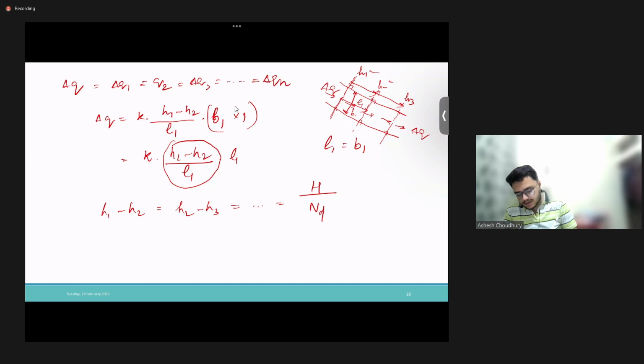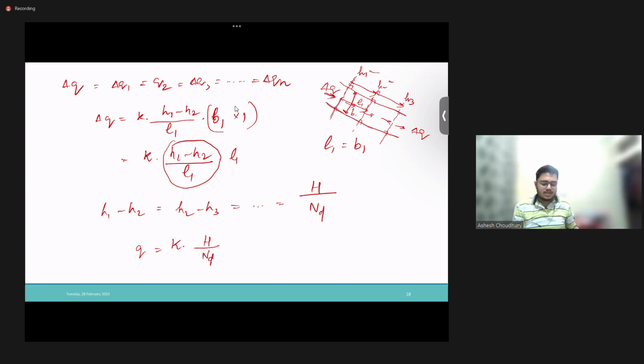Now we can write this as q equal to k into H by Nd. This is the flow occurring through one flow channel, right?